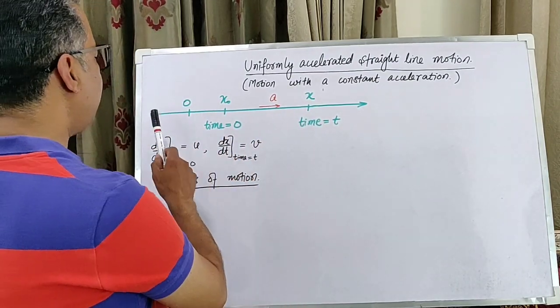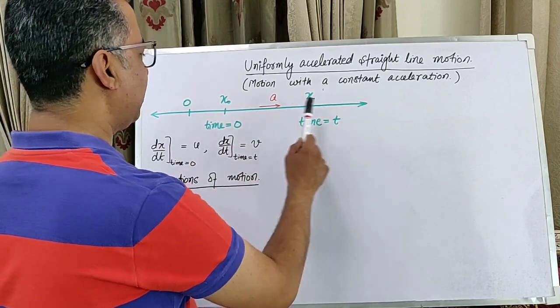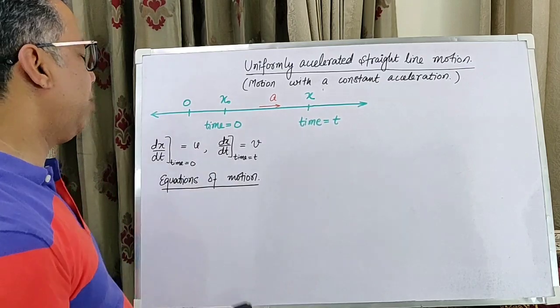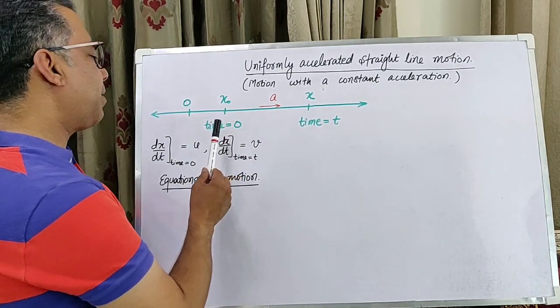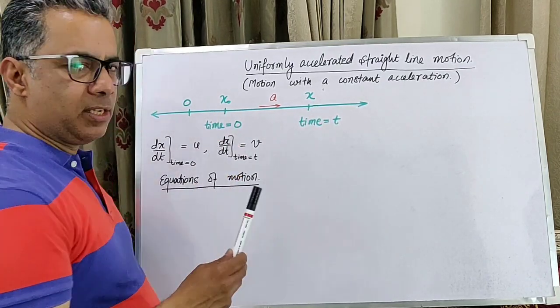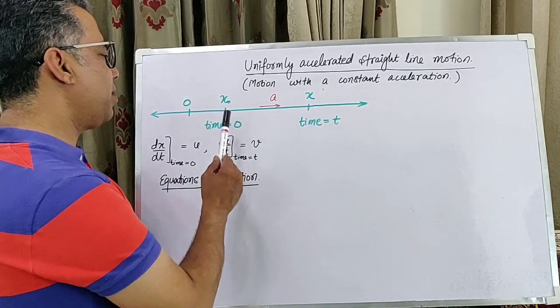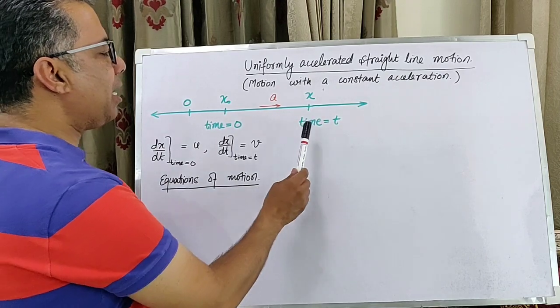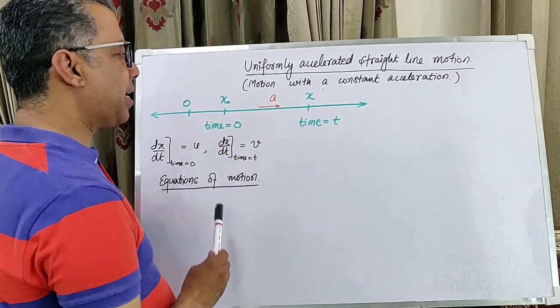So let's consider this x-axis to be the straight line along which this motion is taking place. At time equal to 0, that is when we start the observation, the particle is observed at x0, and then at time equal to t it is observed at x.